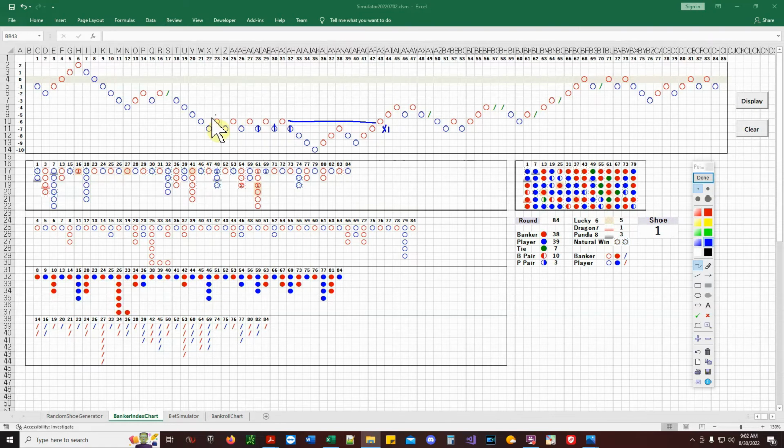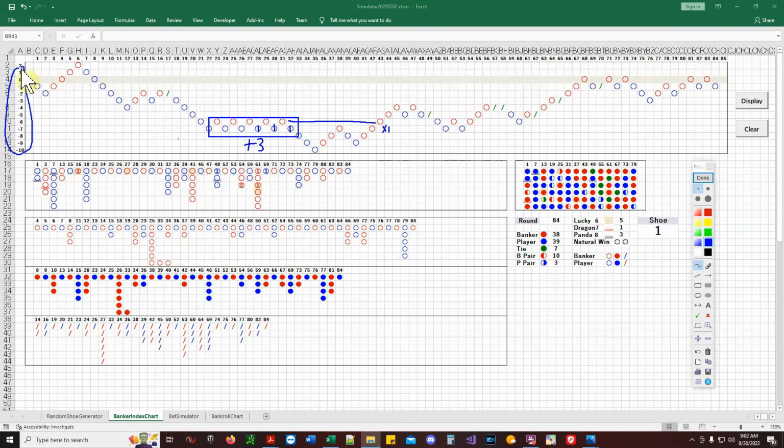But in this little range right here, you would have had 3 units. The reason why you are betting for player is because you're on the player side of the shoe.